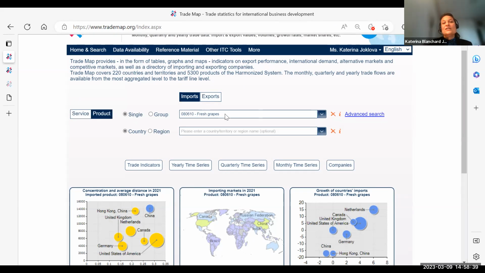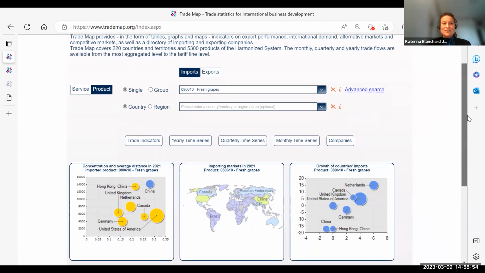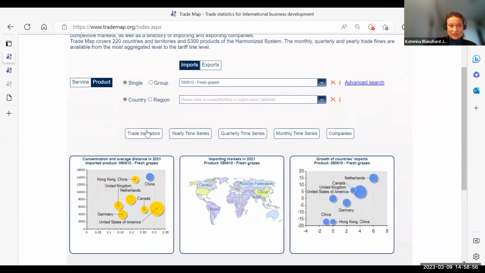We either type grapes here and the system will offer corresponding codes, or we put the code here, so we already have the code here, or we can also use the advanced search. And I am interested in trade indicators. Who are the main importers of fresh grapes?